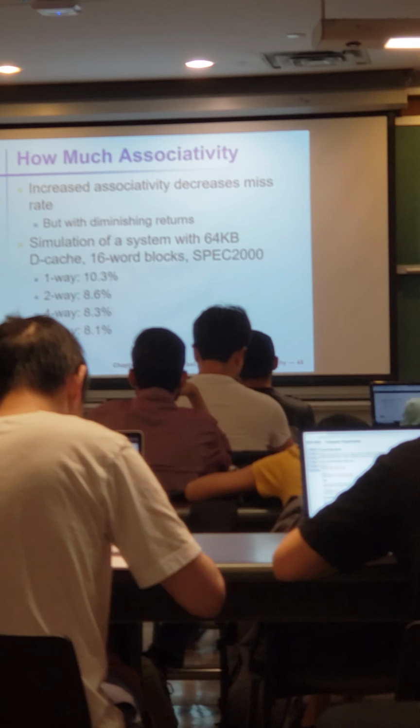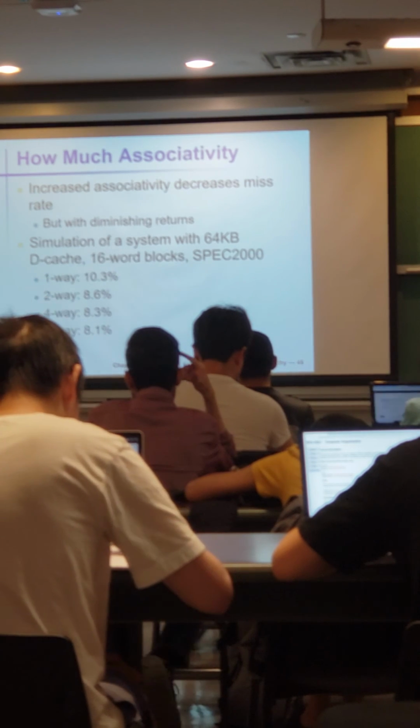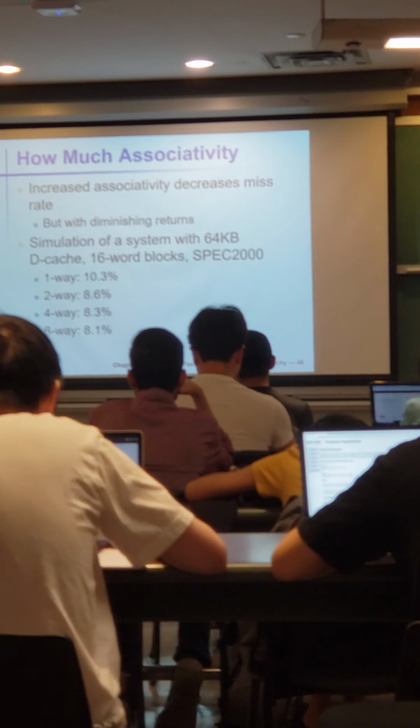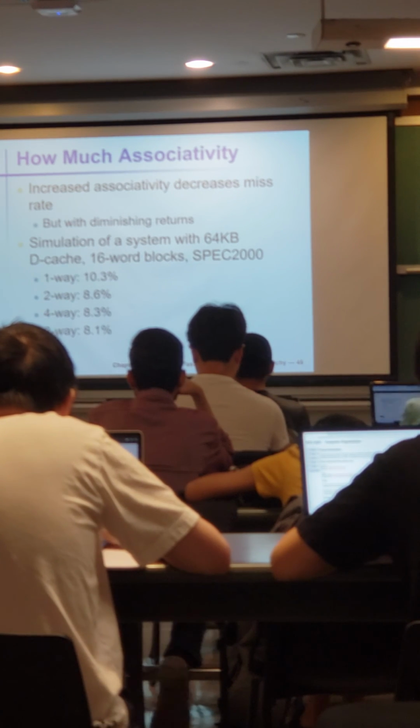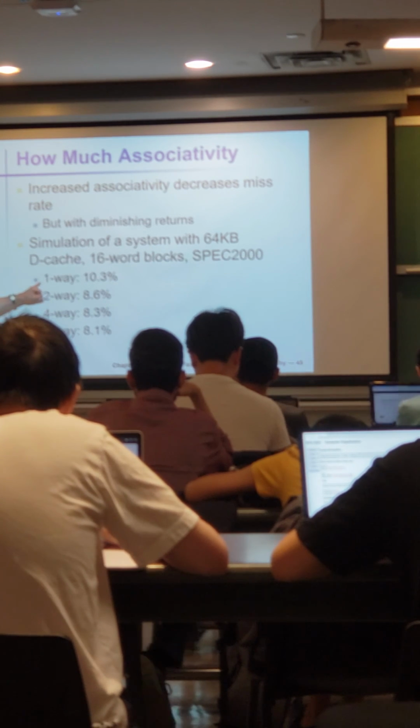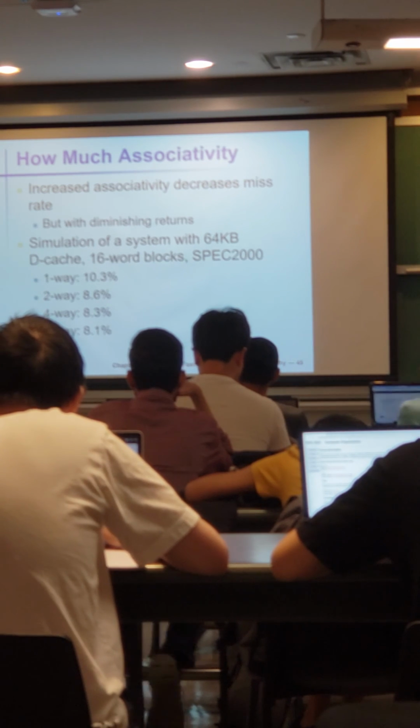Negligible. So going from here to here, it means that you have to double all the circuits for the comparing and everything, right? So there is a cost to pay and it consumes energy.